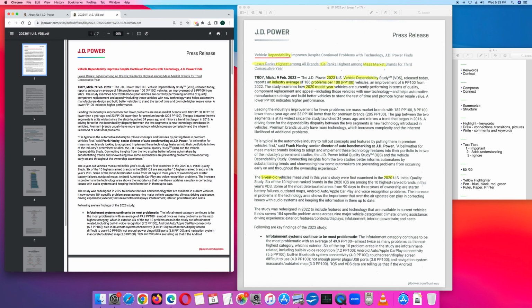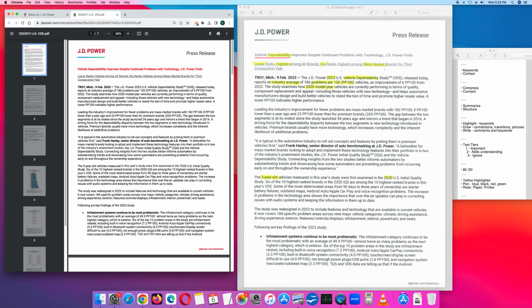Tier 2 are words that add understanding. It's like, vehicle dependability, okay, well, what's this all about? Those are also occasionally highlighted, or sometimes not. But tier 1 should definitely be highlighted. Tier 2 adds understanding, meaning you need to have this to understand what's really going on. If I say vehicle dependability and nothing else, you're not going to really understand what this is talking about.